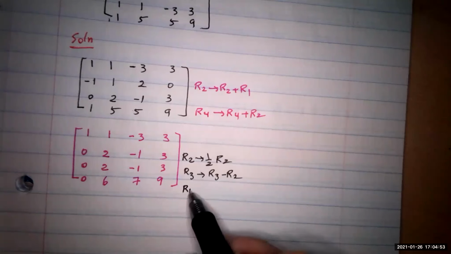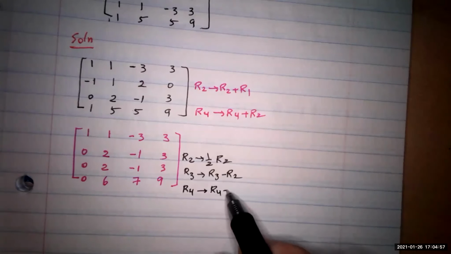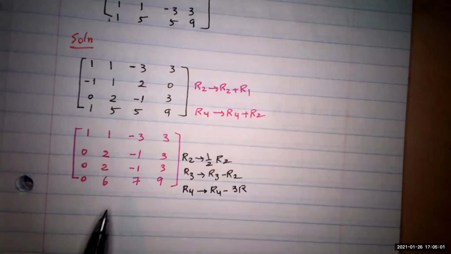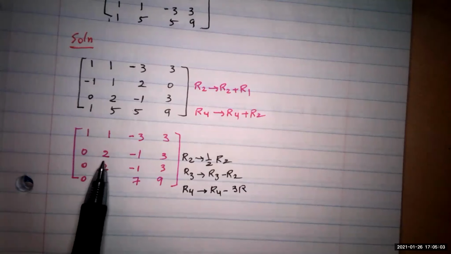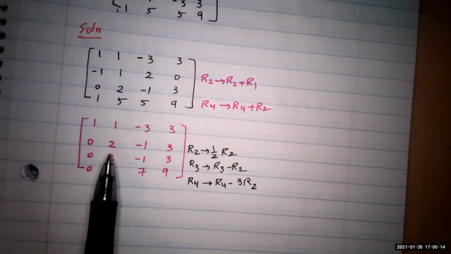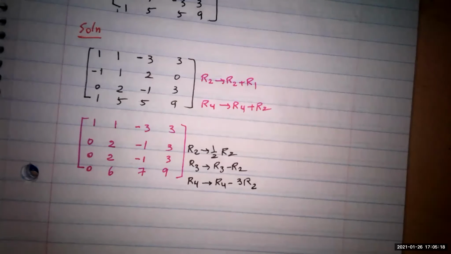So the R4 is going to be R4 minus 3R2. Okay, I go with the 3R2 to make it into the 0. Okay, because as soon as you change this one into the 1, the top and the bottom must be 0.